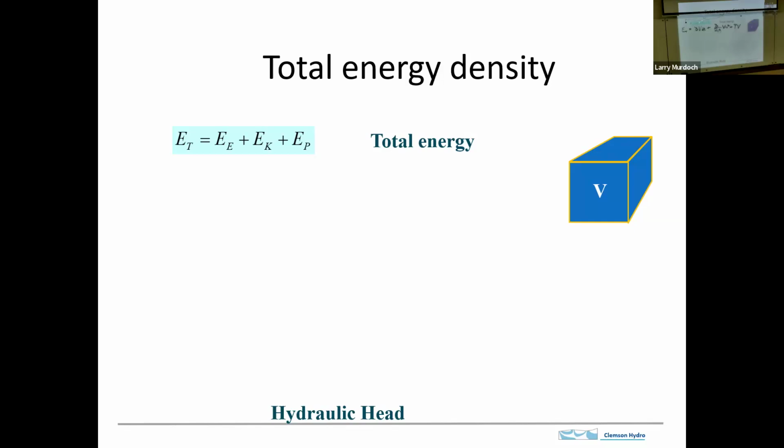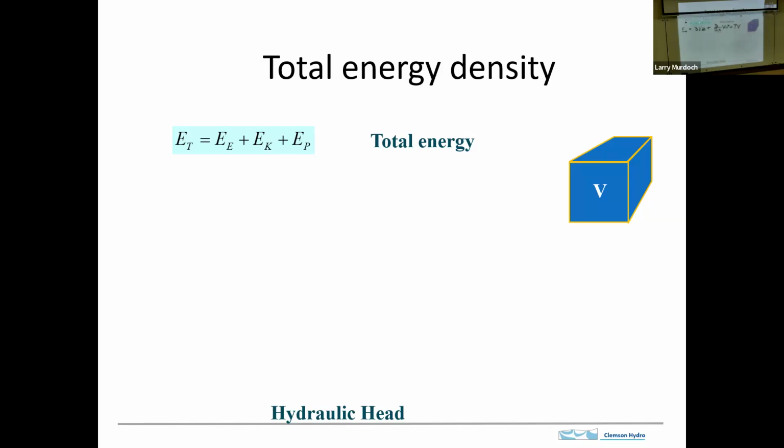And so what we said originally was that flow is going to go from high energy to low energy. So it's going to go from high this to low this. One problem is that when we set this up conceptually, it was useful to do this based on a unit volume of water. But if we have a big body of water that's flowing, what's that unit?